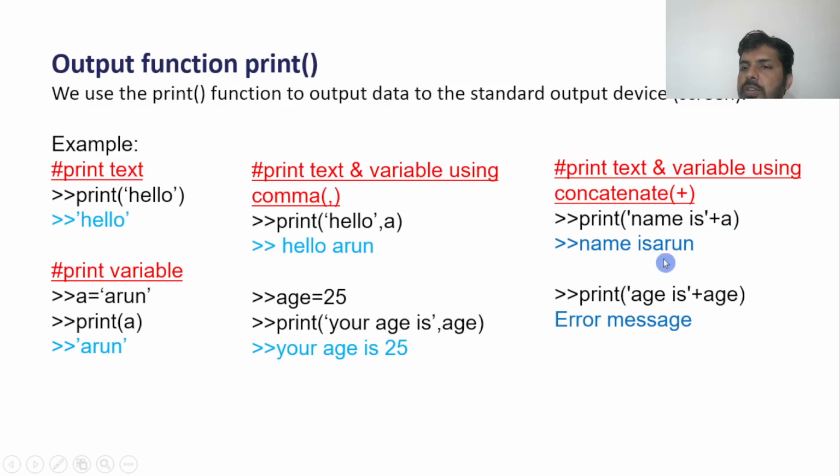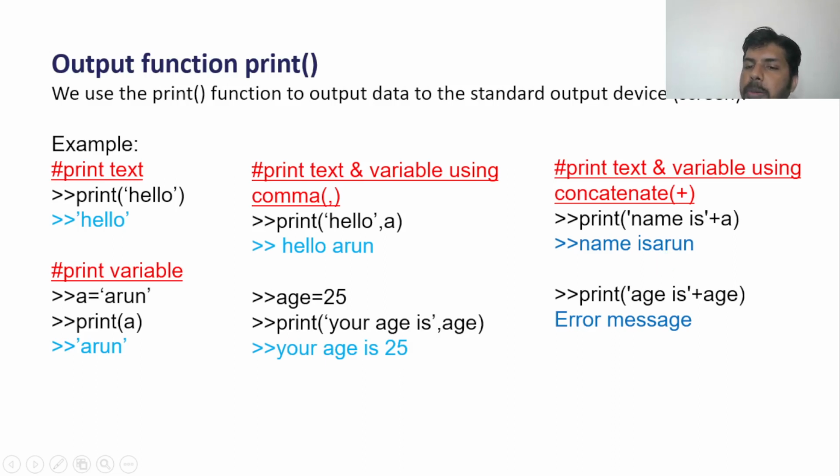Why? Because when we use the plus symbol, it concatenates, meaning it joins both texts, so it will not give any space. In the previous one, when we used a comma, it automatically took a space. See, by default we got a space in hello Arun, but here it is not taking any space.